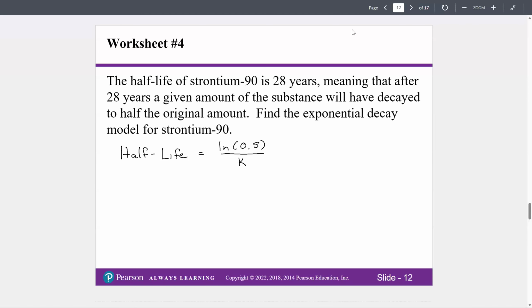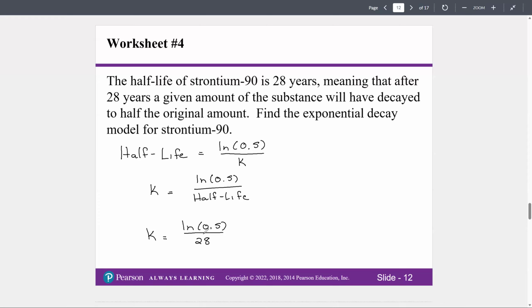So remember, half-life is equal to the natural log of 0.5 divided by K. So K is just the natural log of 0.5 divided by the half-life. So we have a half-life of 28 years.